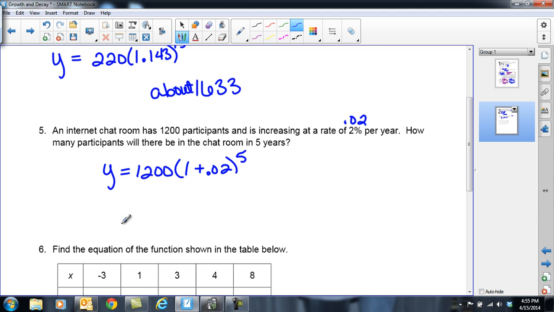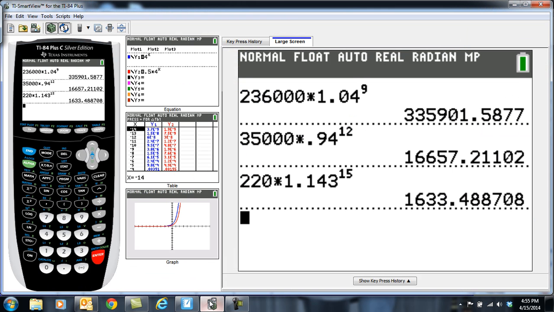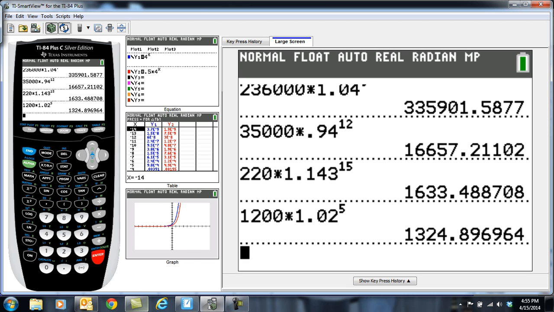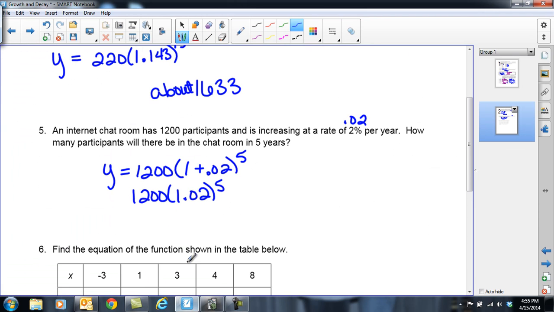And I want that over 5 years, so I have 1,200 times 1.02 to the 5th power. So 1,200 times 1.02 to the 5th power. There will be about 1,325 people in chat rooms in 5 years.